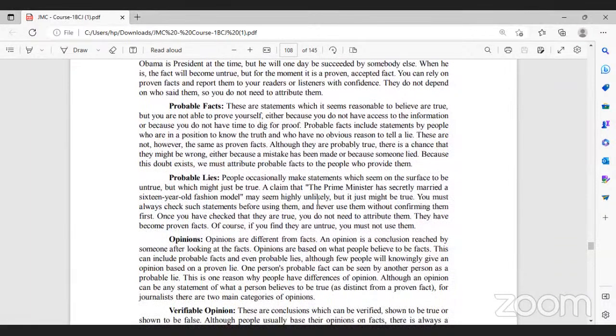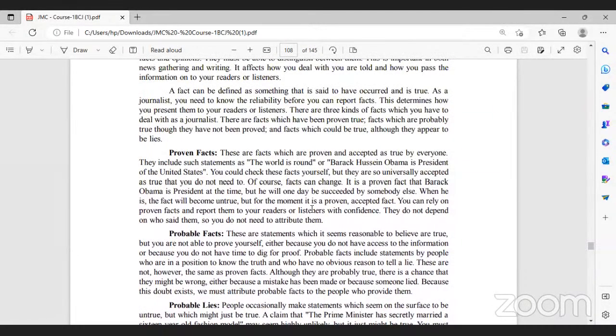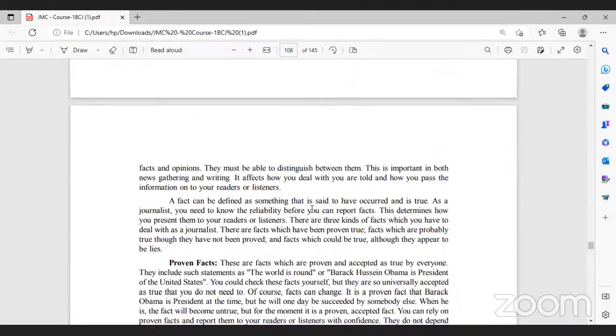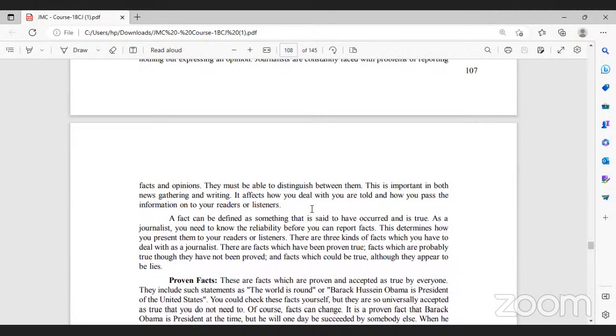Journalism doesn't work on presumptions and assumptions; ultimately it has to be based on truthfulness and fairness, and objectivity should be maintained as part of your journalism journey and as part of the reporting.